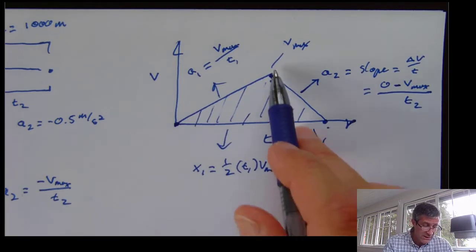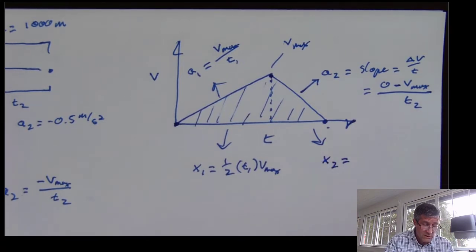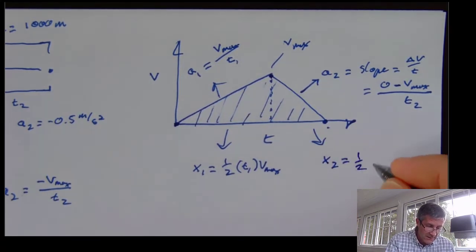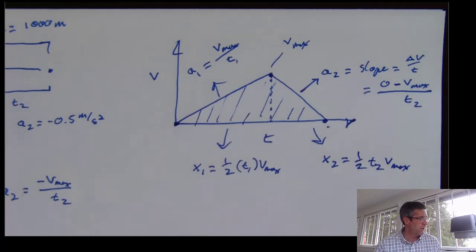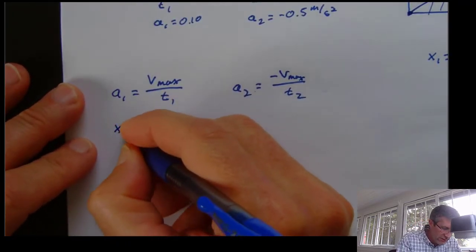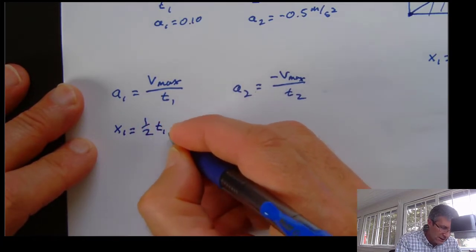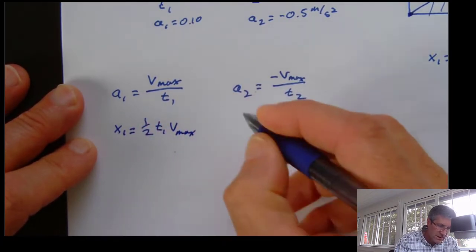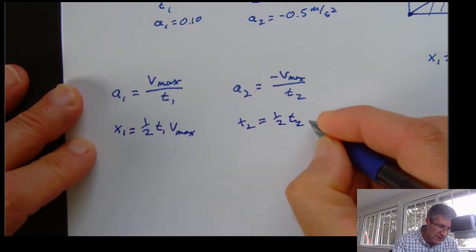It's 1/2 my base times my height, and v max is still my height, so the distance it travels is 1/2 t2 times v max. Let me transpose this over to the other side so we have some room to work. What we just figured out from the graph is that x1 is 1/2 of t1 times v max, and x2 is 1/2 t2 times v max.